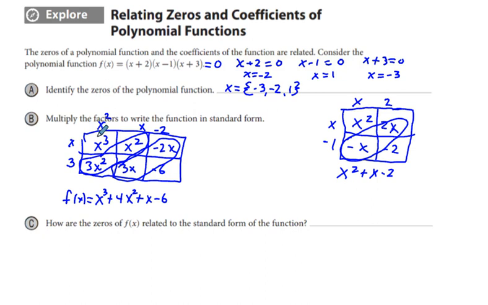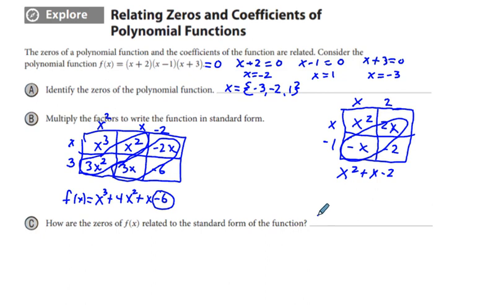3. How are the zeros of f of x related to the standard form of the function? Look at this last term, this constant term, negative 6. And look at all these zeros: negative 2, 1, and negative 3. These zeros are related in that each zero of a polynomial function can be found from a factor of the constant term.